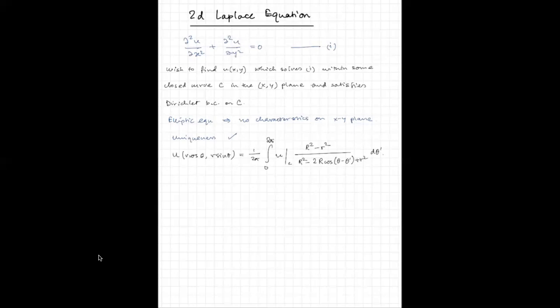So this is when C is a circle of radius R.